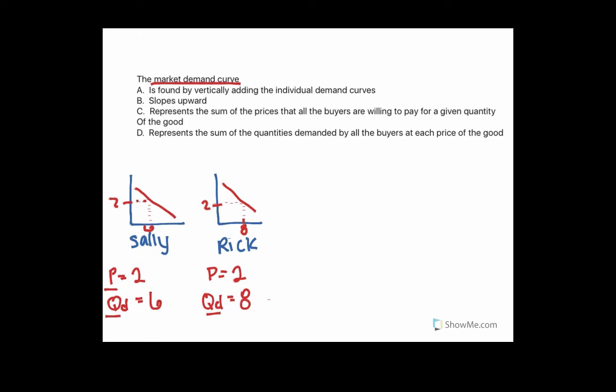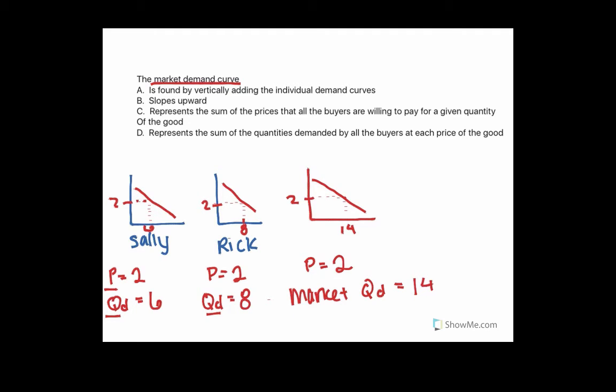So if Sally and Rick are the only people in the market, at a price of 2, our market quantity demanded is going to be 6 plus 8, or 14. And so we would be drawing another graph where 2 was associated with a quantity of 14.